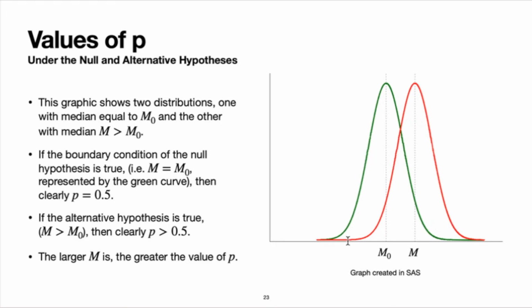If the distribution we're sampling from is actually this red curve, then the probability of getting a y greater than cap M sub 0 is 0.5 plus whatever that area is. So it's something greater than 0.5. If the alternative is true, then that probability is greater than 0.5, and you would agree that the larger cap M is, the greater the value of p.